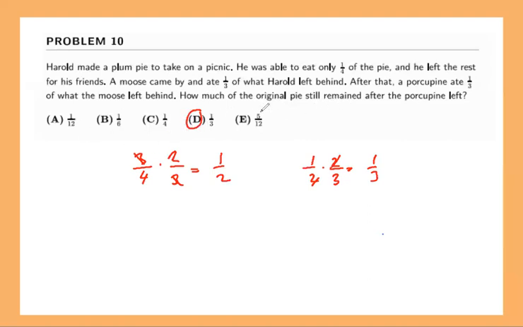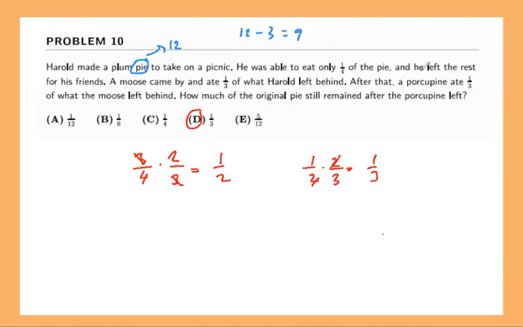Since at the end we are looking for some sort of ratio, maybe we can look at the denominators. The largest is 12. So let's say the original pie is 12 pieces. And if he finishes the 1/4, that means 3 pieces of 12 will be gone. So we are going to have 12 minus 3, which is 9 left.